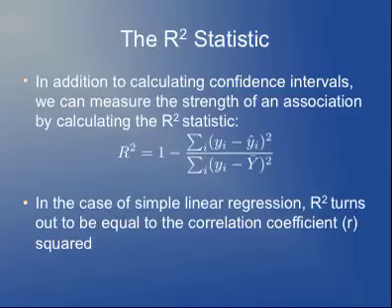And if you play with the math for a minute, in the case of simple linear regression where you only have one x variable, then R squared turns out to be equal to the correlation coefficient r squared, not surprisingly, hence the name R squared. As you'll recall, the correlation coefficient is always between 1 and minus 1, hence R squared is always between 0 and 1.